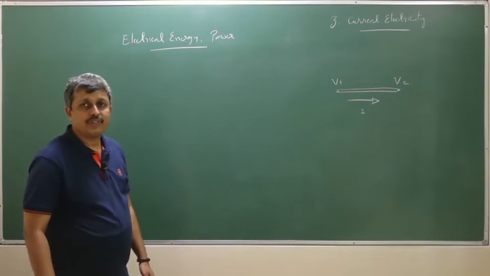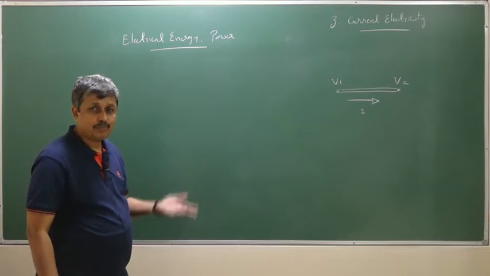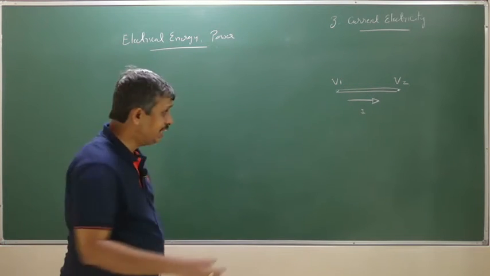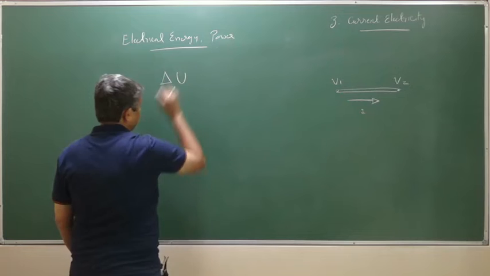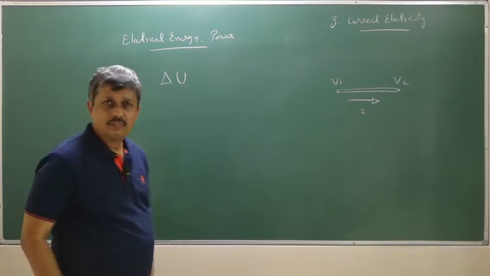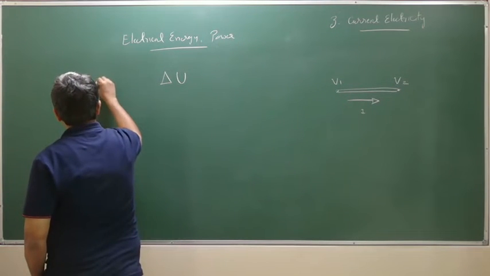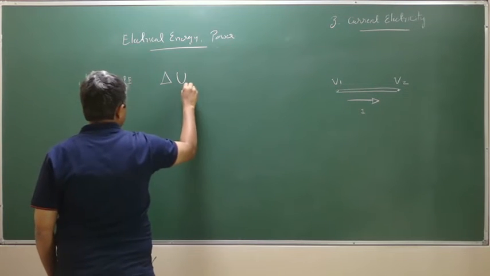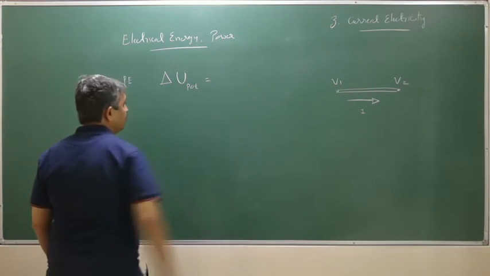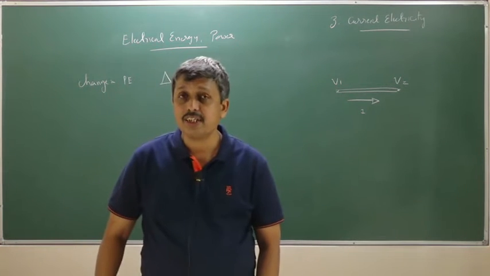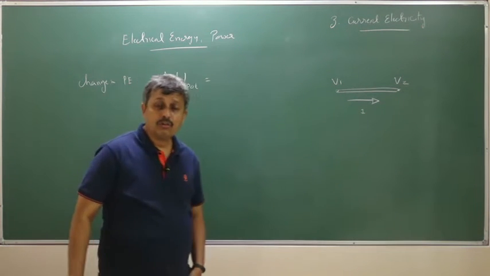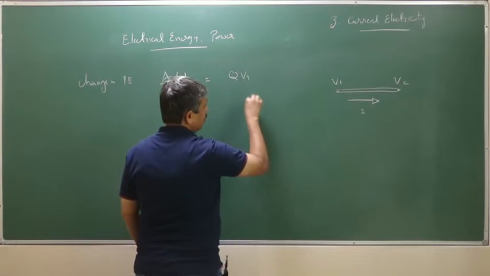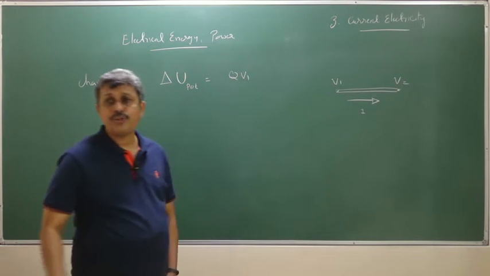Now when the charges are moving, we can say the potential energy has decreased. How much has it decreased? Let's say the change in potential energy is delta U. Potential energy at this point is Q into V1, and at that point it is Q into V2.